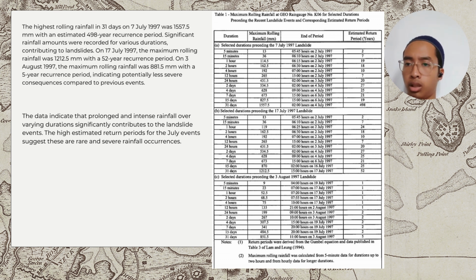This event has comparatively lower rainfall intensity, correlating with a shorter return period and potentially less severe impact. The data indicate that prolonged and intense rainfall over varying durations significantly contributes to the landslide events. The high estimated return period for the July event suggests these are rare and severe rainfall occurrences.